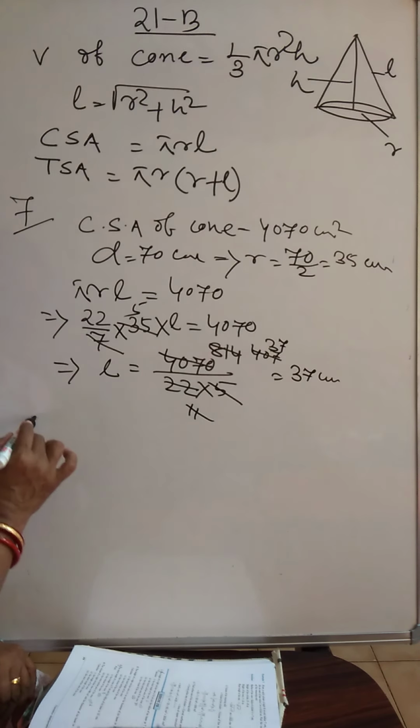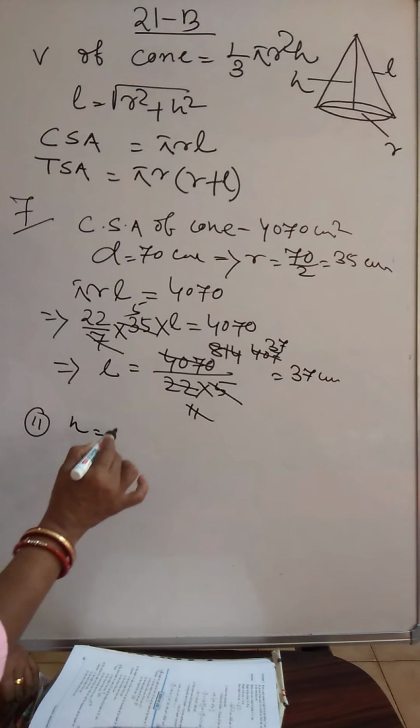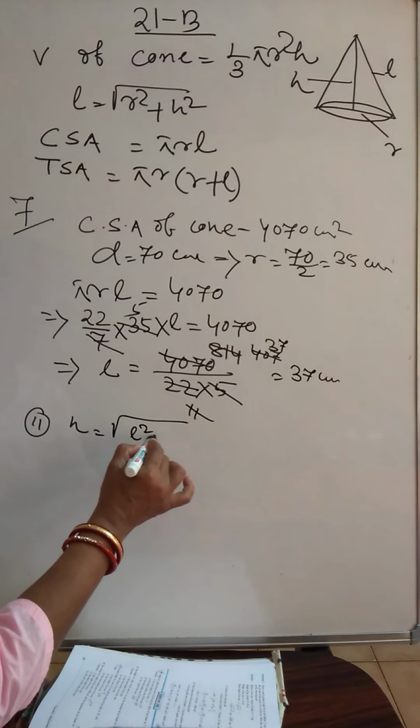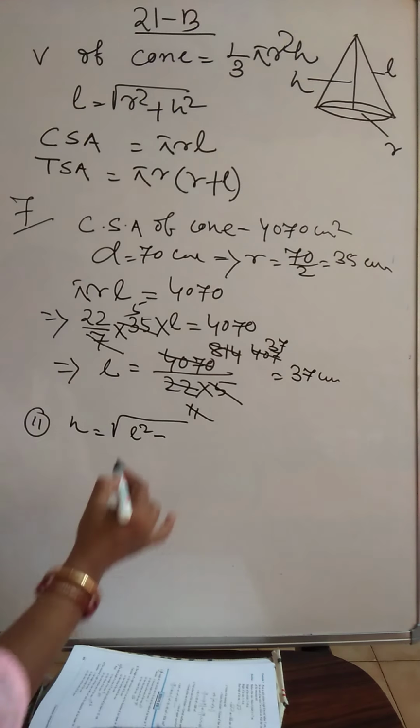Second bit is height. Square root of L square minus R square. 37 square minus R square, 35 square.